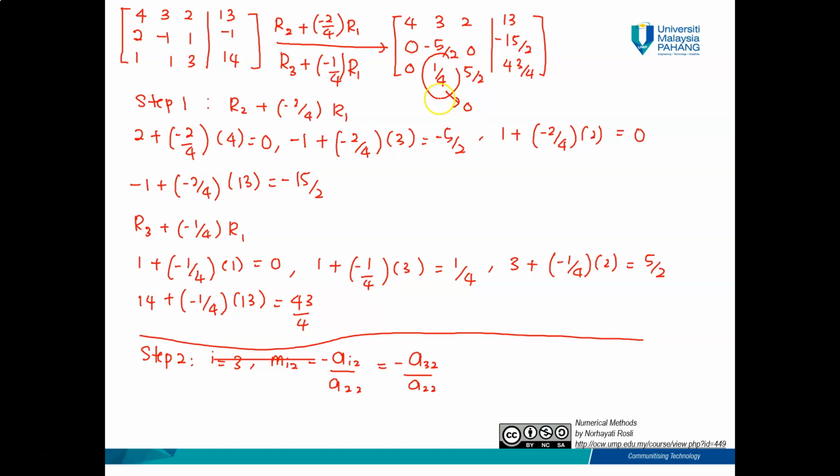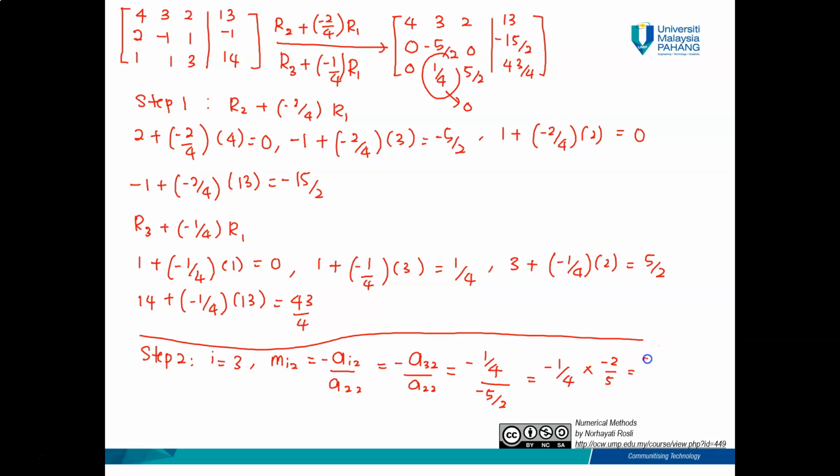You have to base it on your new matrix. So we will have negative 1 over 4 divided by negative 5 over 2, which is equal to negative 1 over 4. This one we can multiply when we move this one up. So we have here negative 2 over 5.